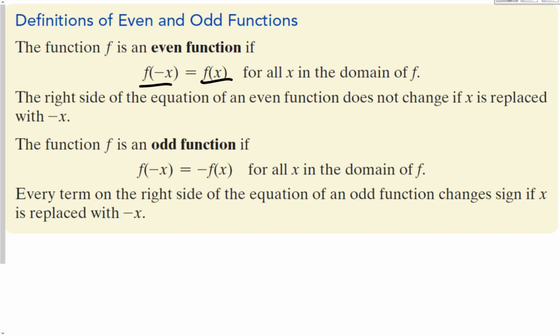For an odd function, when I plug in f of negative x, everything changes signs. The entire function becomes opposite. Everything that was positive turns negative, and everything that was negative turns positive. An even function does not change if x is replaced with negative x. Every term on the right side of an equation changes sign if x is replaced with negative x for an odd function.